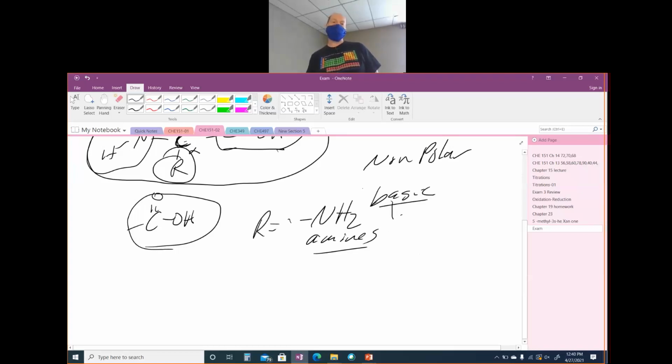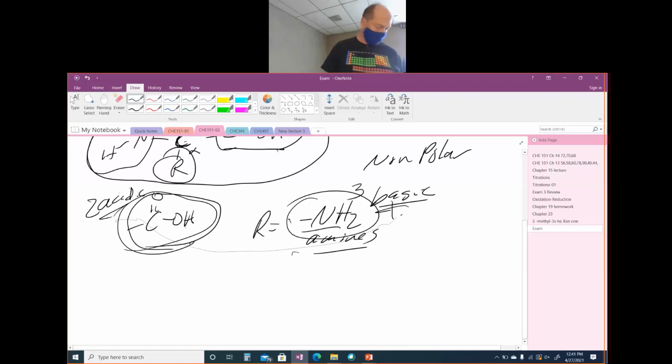There are 3 basic amino acids and 2 acidic amino acids. You can memorize them, or you're looking for an amine group in the R group. If the R group has an amine group, then it's basic. If the R group has a carboxylic acid group, then it's going to be acidic.